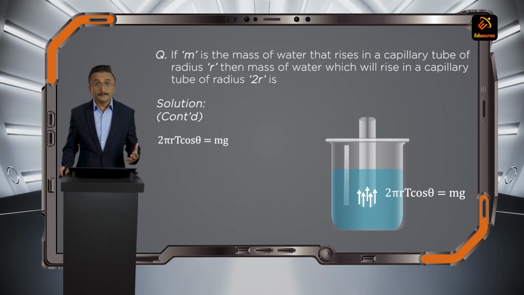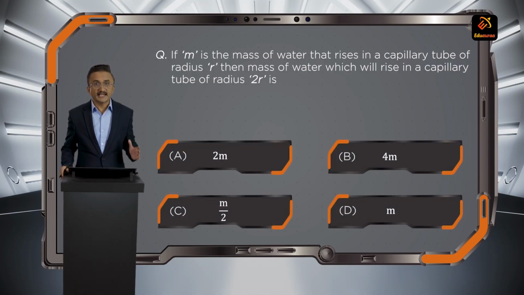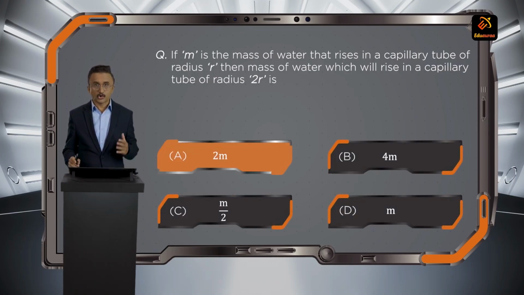If all other parameters are constant, then what is the relation between r and m? R is directly proportional to m. So in the second case, the radius becomes doubled, 2r, and that's why the mass is 2m. So the correct option is A, 2m. So this is the shortcut.